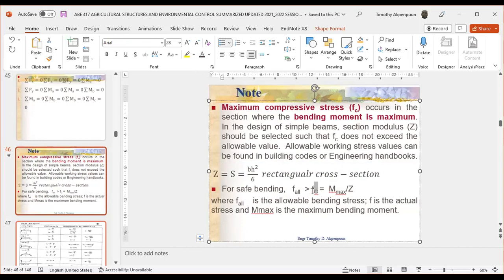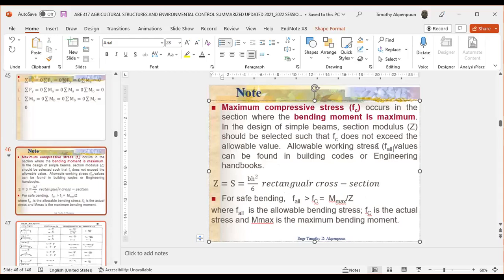Let me do this so that you know that this is FC, F allowable. It says, where can you get your F allowable? It says allowable working stress. That is your F allowable. Let me put it here so that you will get it.